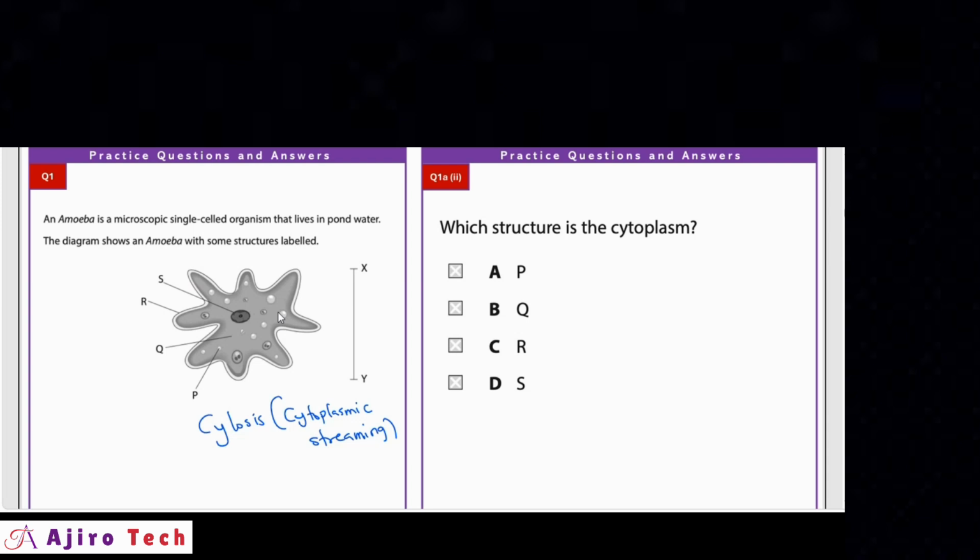Apart from that, cytoplasm is also the center for chemical reactions. So the structure that suits the description I've just given is this.